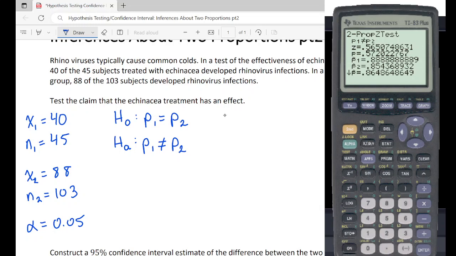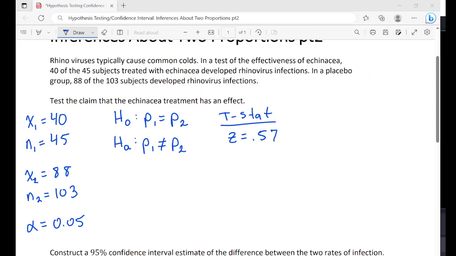So our test statistic is going to be Z equals, to 2 decimal places, 0.57. And I'm just going to move the calculator out of the way. And then our p-value, to 4 decimal places, is 0.5720.